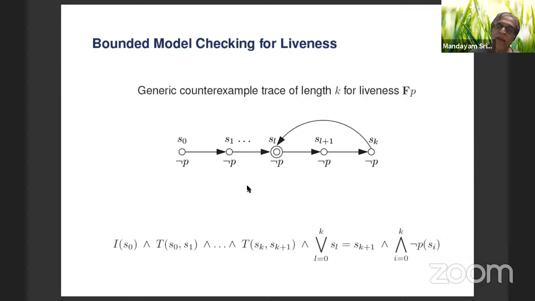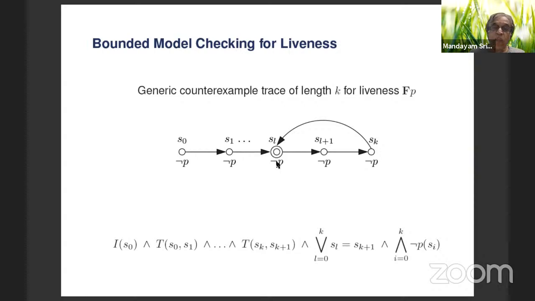For that, you cannot just do the same. There you rely on the fact that every counterexample is of a lasso shape for finite state systems. If there is a counterexample to F P, then it has to be shaped like this, with a tail and a part that loops back into some state.